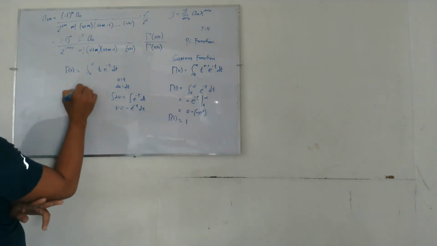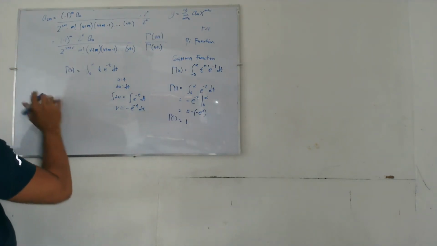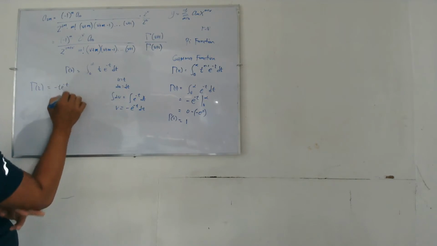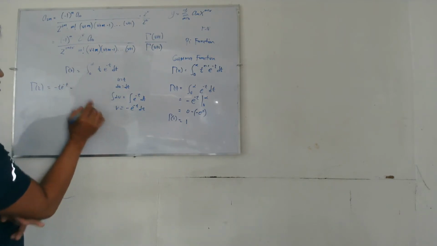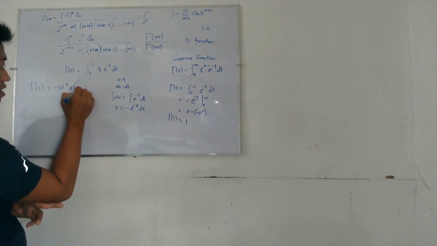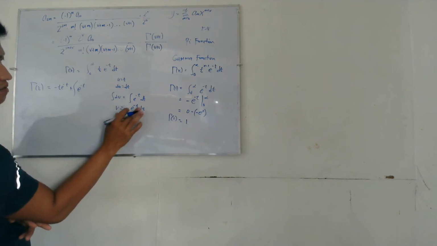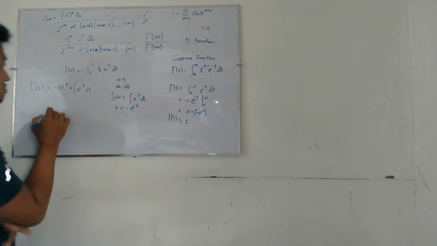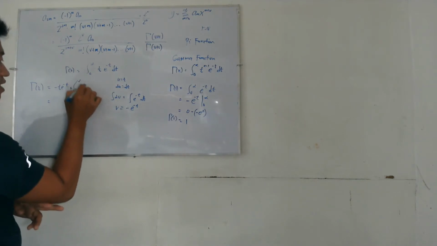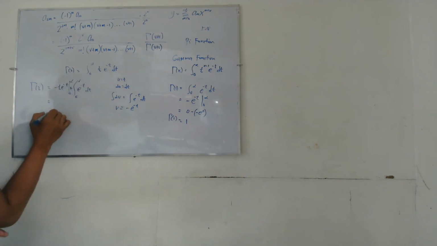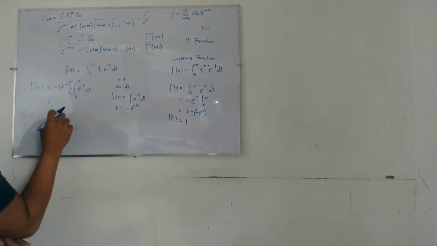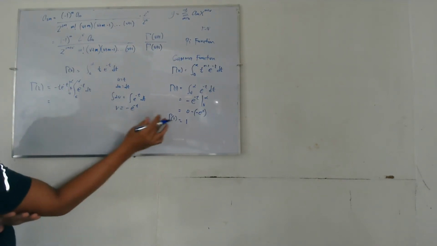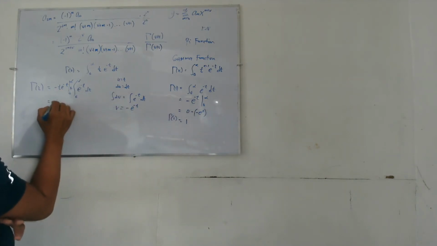So gamma of 2 is uv, negative t e to the negative t, plus the integral of e to the negative t dt, since v is negative so there is a plus. Evaluate this from 0 to infinity. Again, the answer is the same as before.